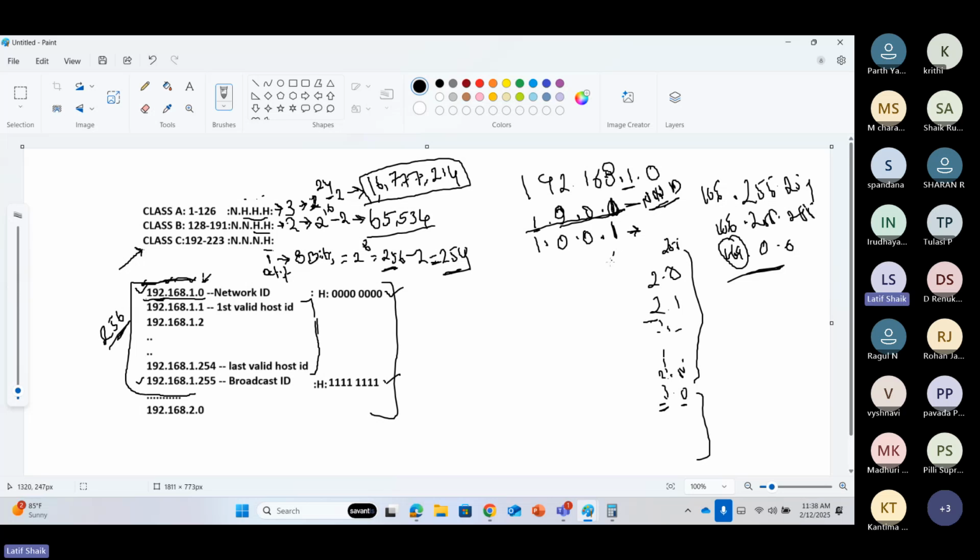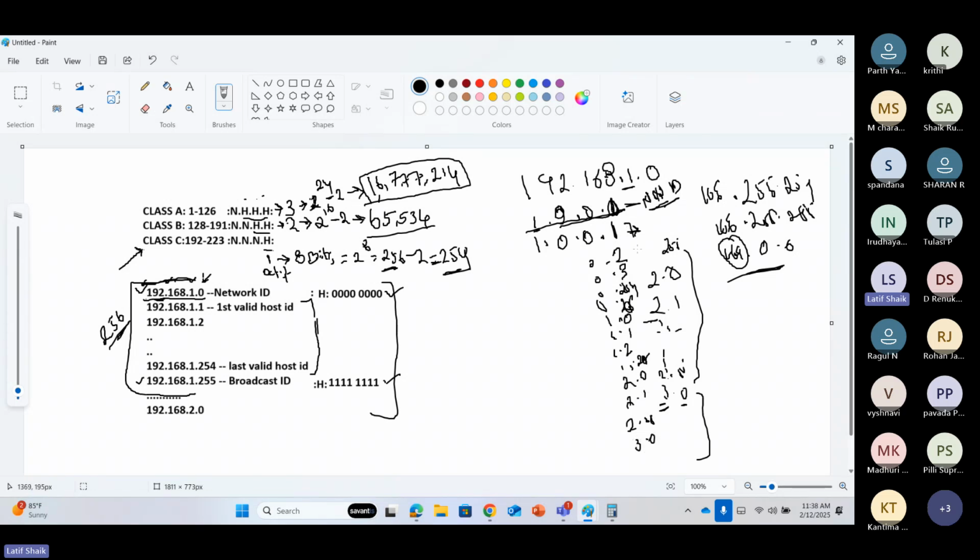From here you can assign: 1.0.0.1, 1.0.0.2, 1.0.0.3 up to 1.0.0.254, 1.0.0.255, then 1.0.1.0, 1.0.1.1, 1.0.1.255, 1.0.2.0, 1.0.2.1. It keeps going till 255 and then 1.0.3.0.